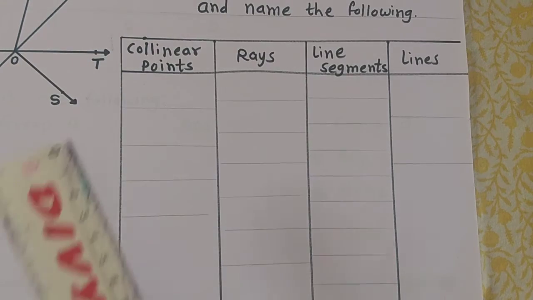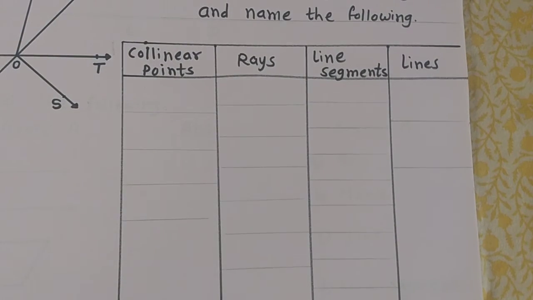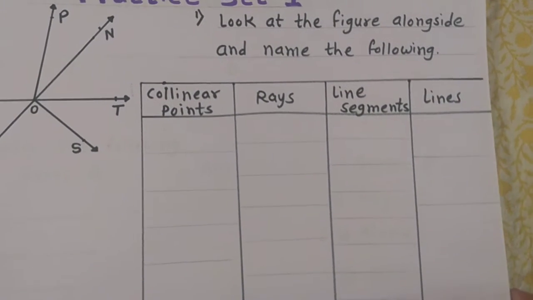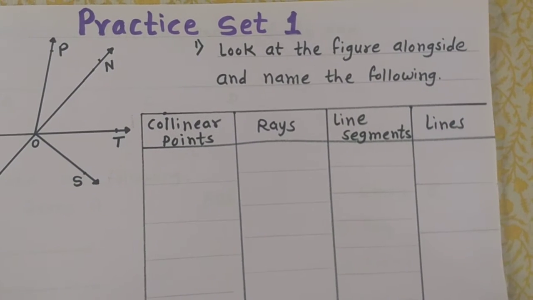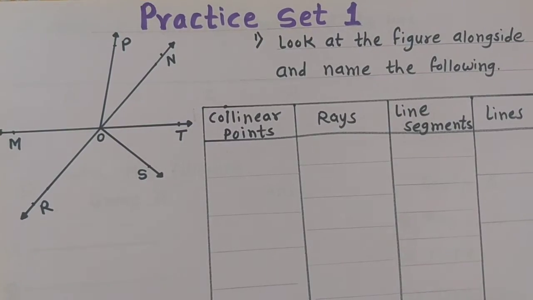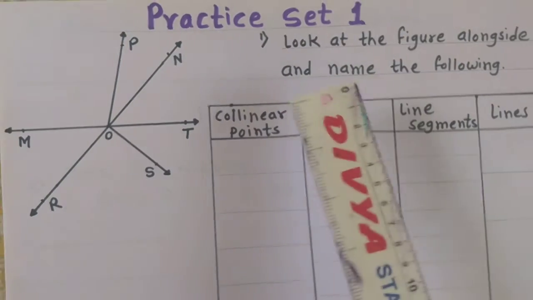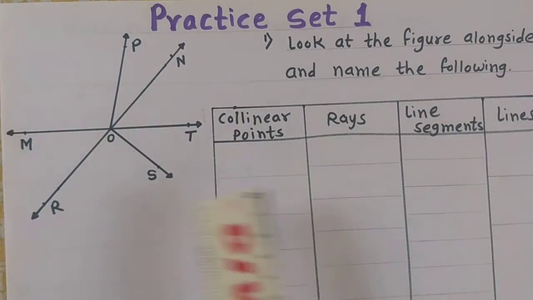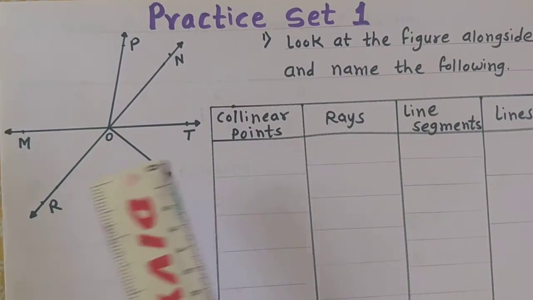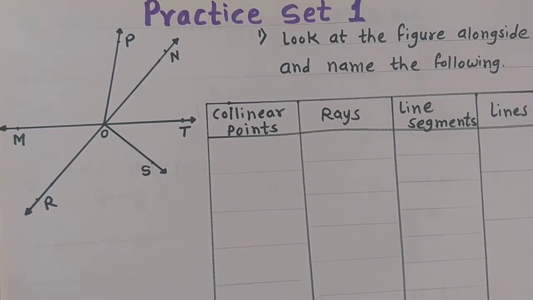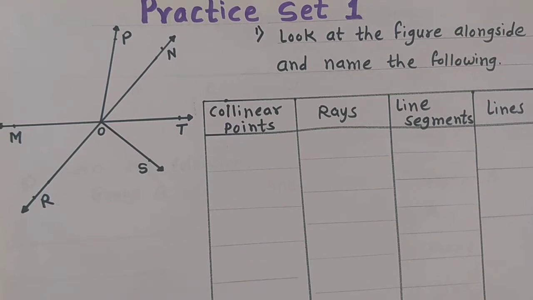Now we solve practice set 1. Look at the figure alongside and name the following. Look at this figure and tell the collinear points. Which are the collinear points?